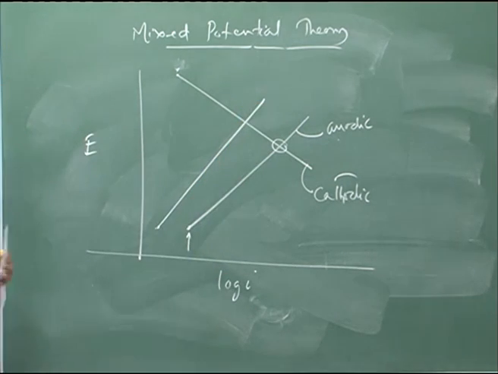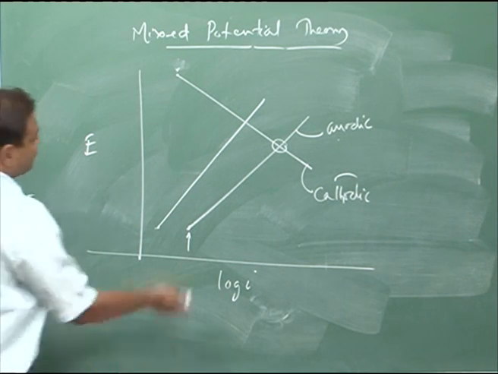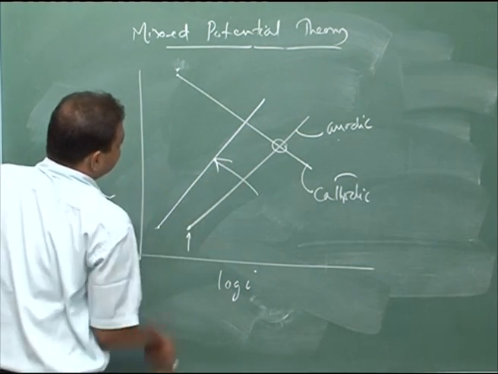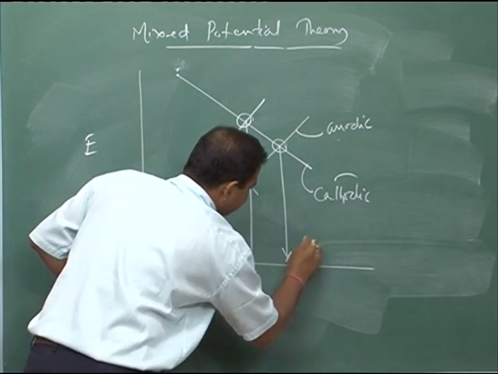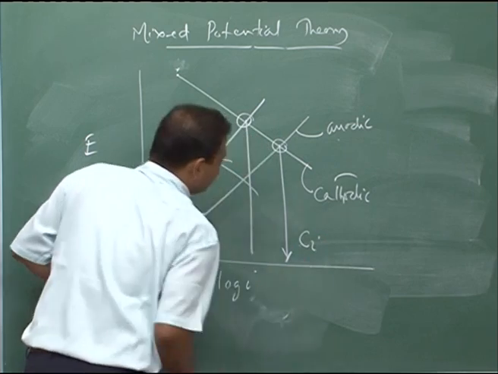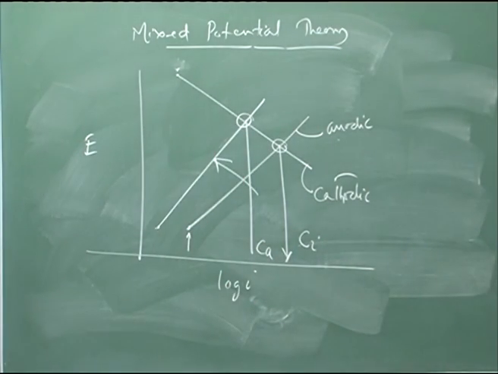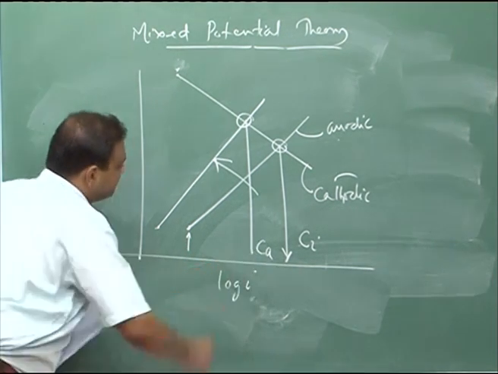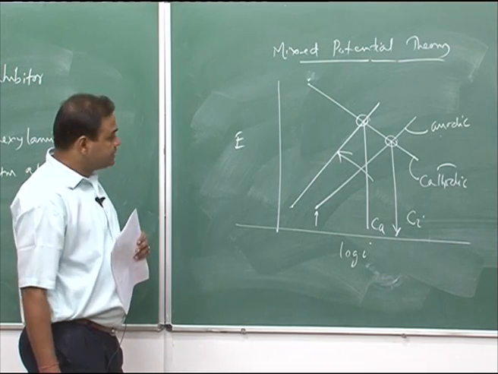If we again look at the mixed potential theory, this has moved this way and the corrosion rate has also gone down. This is my initial corrosion rate, let us say C I, and this is C A, the corrosion rate with the action of the anodic inhibitor. Now there could be another possibility.